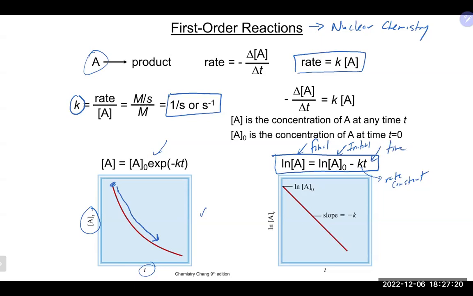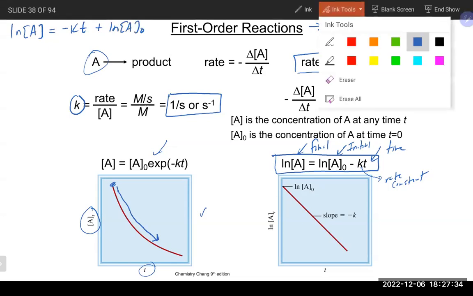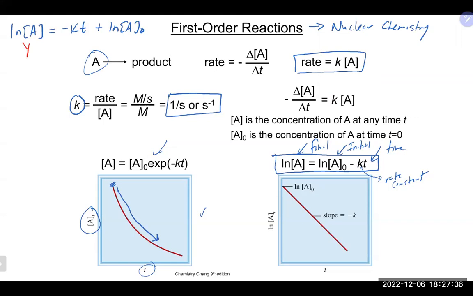If you rearrange that integrated rate law, the natural log of A is equal to minus kt plus the natural log of A naught. This is written in the form of a straight line, y equals mx plus b, which is how we get this straight line.